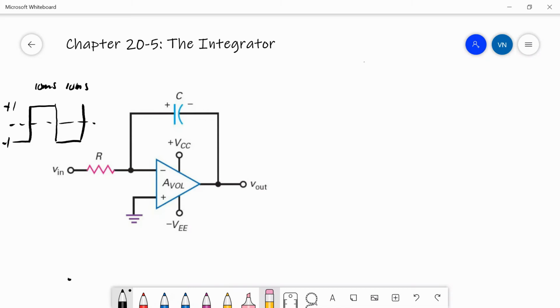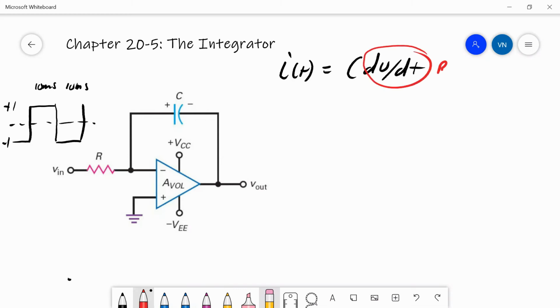Now, the way that I usually figure these out is I use the other capacitor formula, which is I(t) equals C dV/dt. And dV/dt is the rate of change of voltage with respect to time.